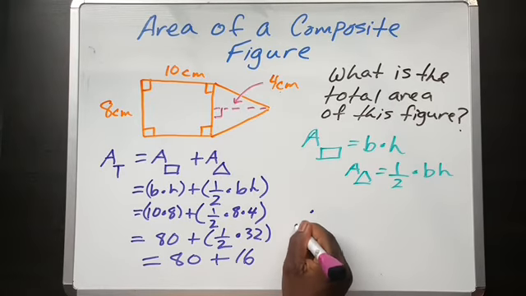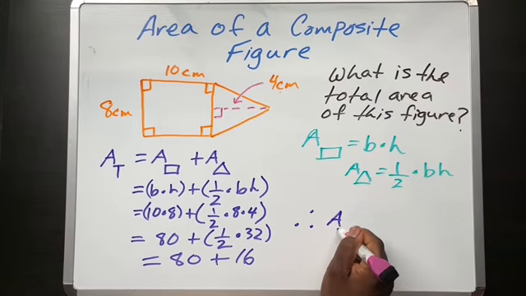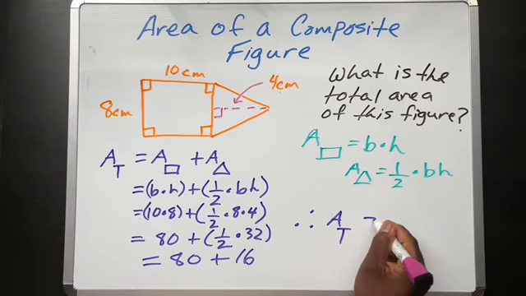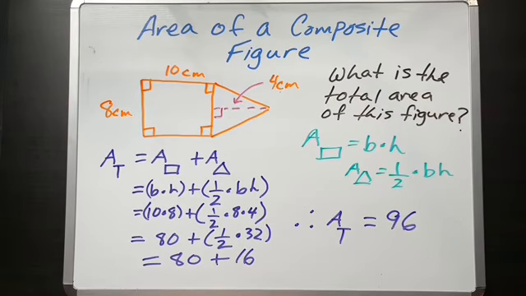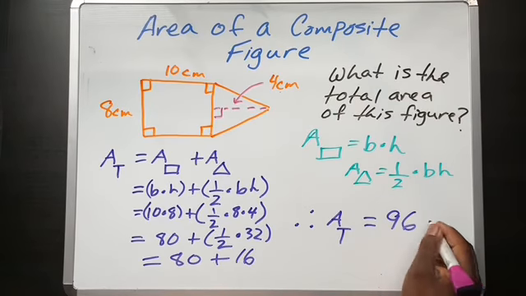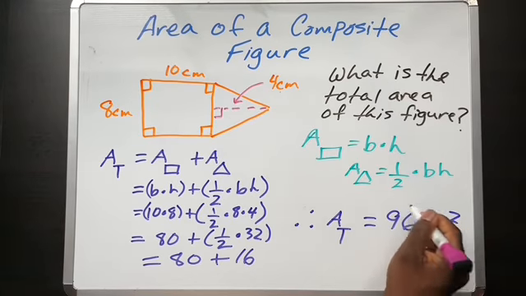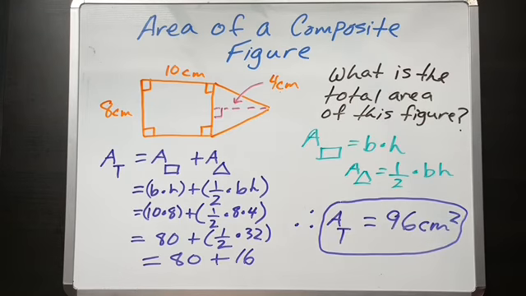Therefore, I'm going to use these dots. That means therefore, the total area of this composite figure, rectangle plus the triangle, is equal to 96, 80 plus 16, which is 96. And don't forget our units, centimeters squared. And that is our final answer.